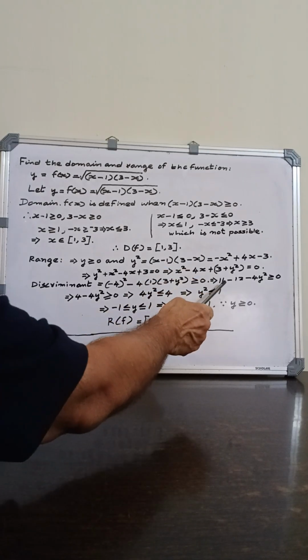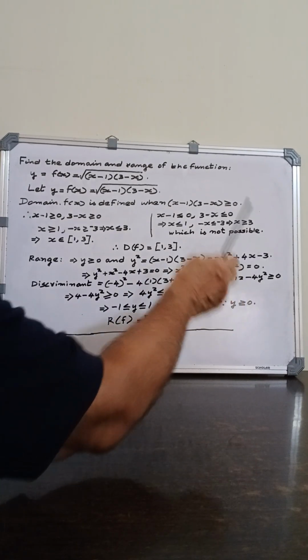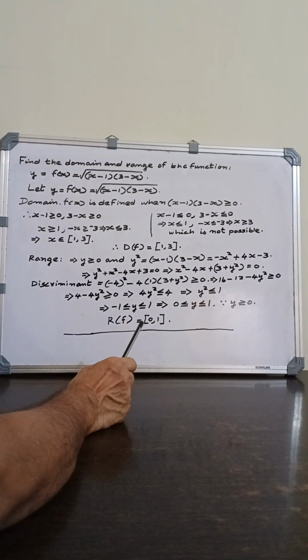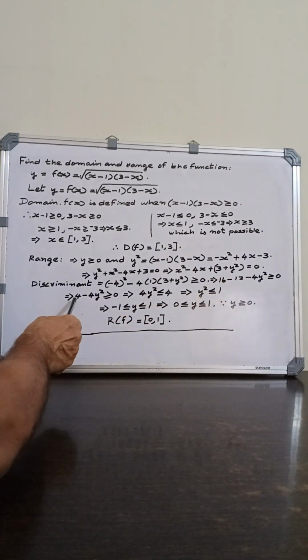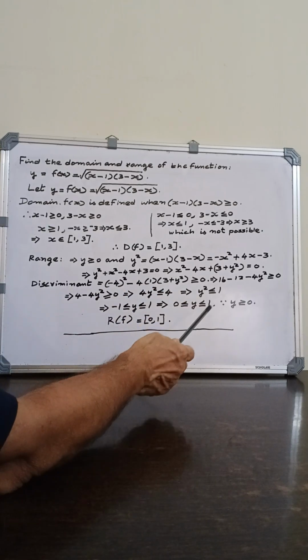That is 16 minus 12 minus 4y squared greater than or equal to 0. Then simplified, 4 minus 4y squared greater than or equal to 0.